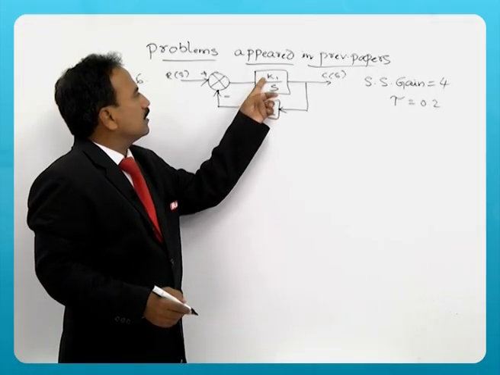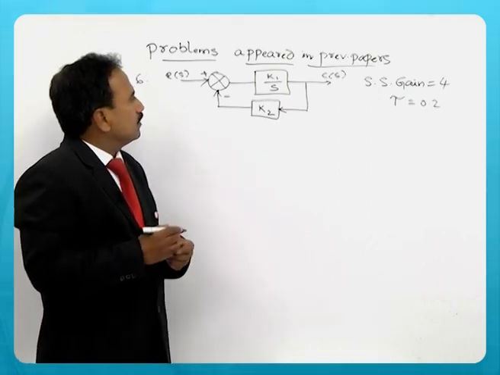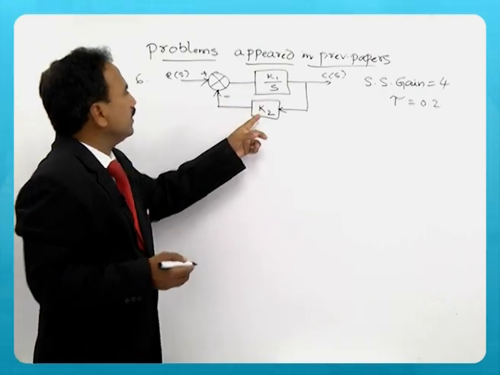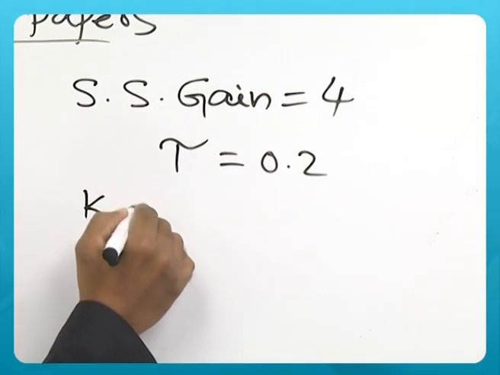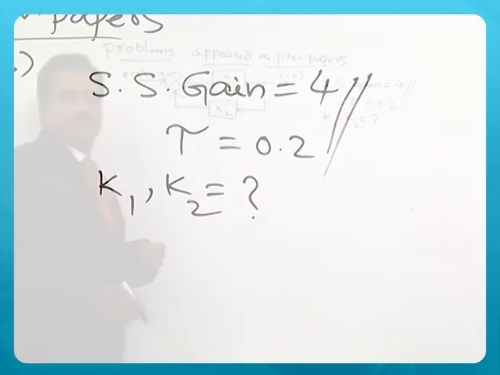And you can see that there are two constants involved in the given system. Now we need to find out the values of k1 and k2. What are k1 and k2 when this data is given?